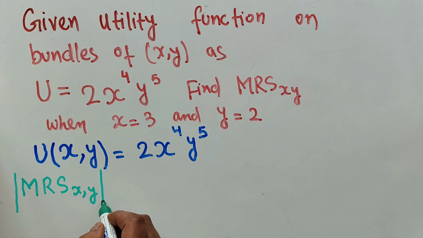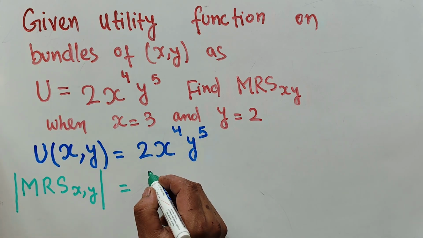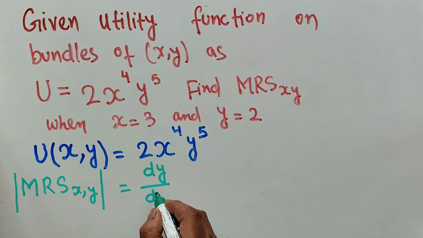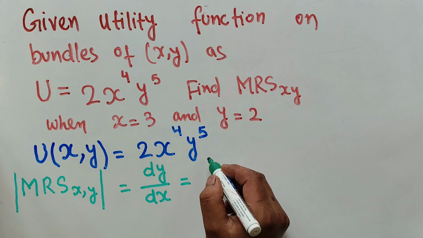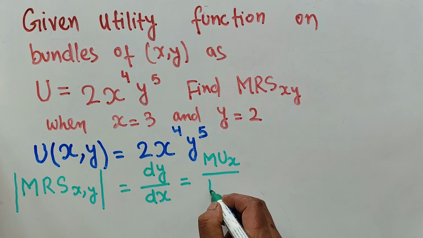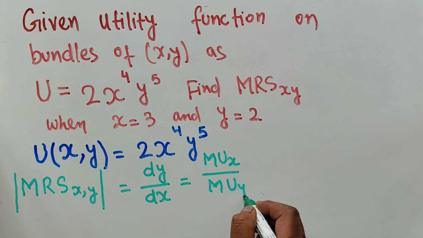We know MRS is always negative because we have a downward sloping indifference curve, so let's take the absolute value here. It is simply equal to dy upon dx, which in fact is equal to the marginal utility of good x upon the marginal utility of good y.